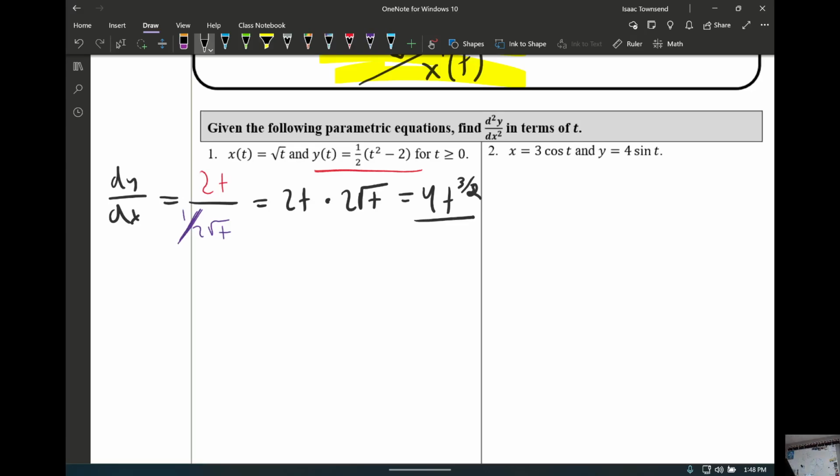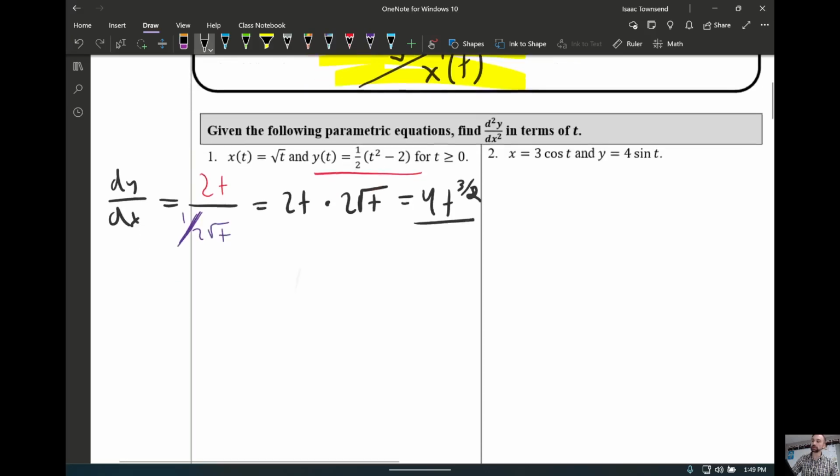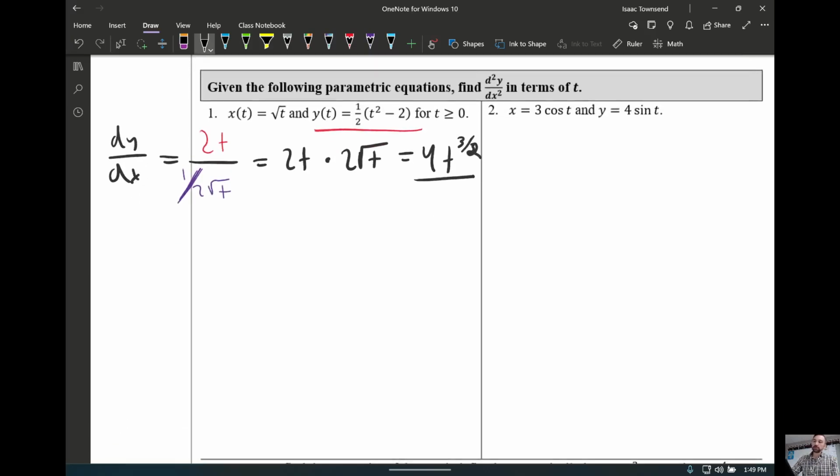If you want the second derivative, you've got to also take the derivative of this again. Take the derivative of dy dx with respect to t. So we'll bring the power down. That would be 12 over 2, or 6 t to the 1/2.